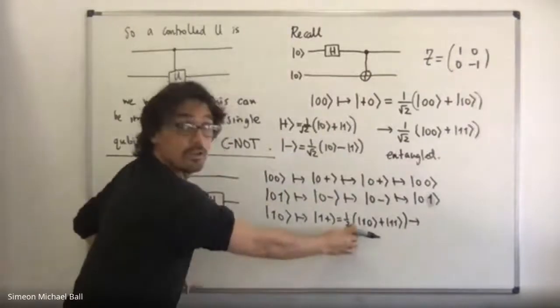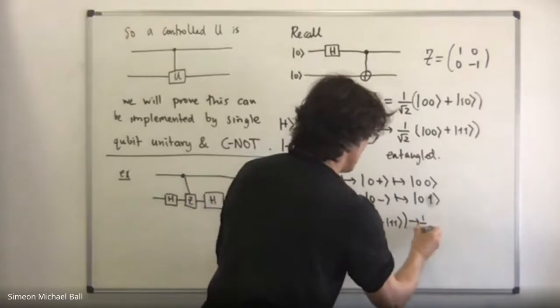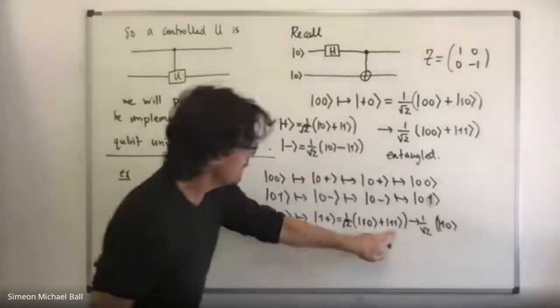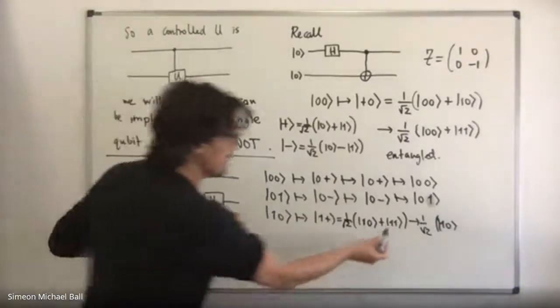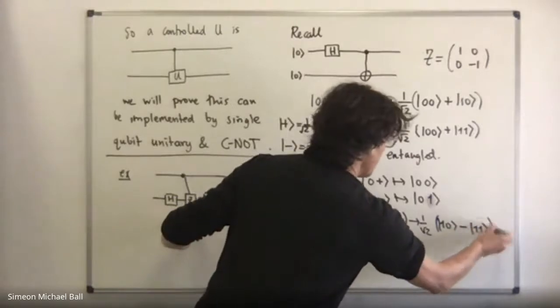So here it's not going to do anything because I've got a 0. This is a square root 2. So here it's going to be 1,0. But here, the 1 is set, so I've got to apply the Z. I've got a 1 in the second qubit, so then the sign changes to a 1,1.